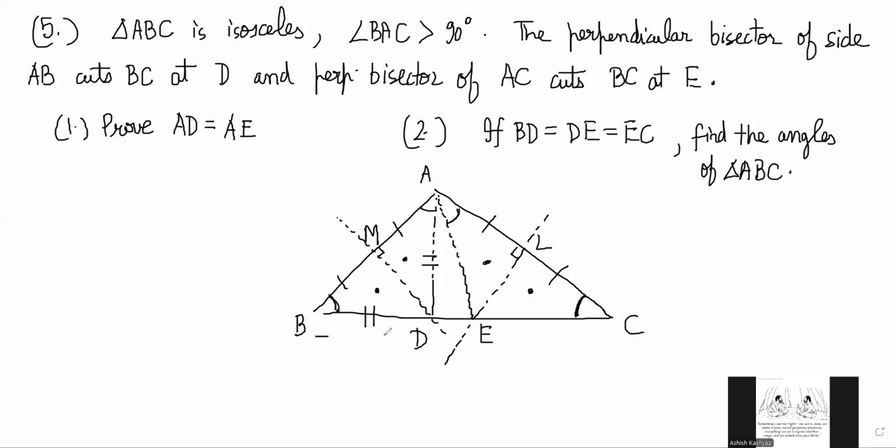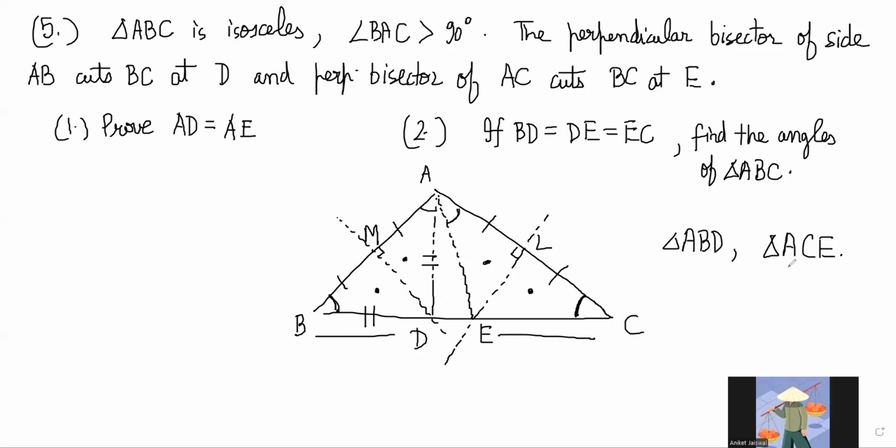We have BD is equal to AD and we also have CE is equal to AE, right? We can prove that triangle ABD and triangle ACE are congruent. Why?